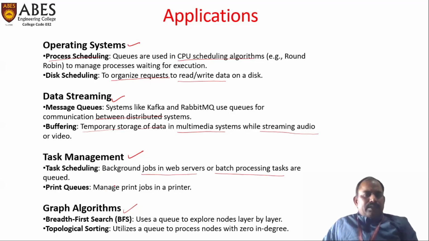Similarly, when we print from a printer, a queue is implemented in the buffering of the jobs, so printer jobs are managed by a queue data structure. Various graph algorithms such as breadth first search, that is BFS, and topological sorting algorithms also use the queue data structure to perform their operations.